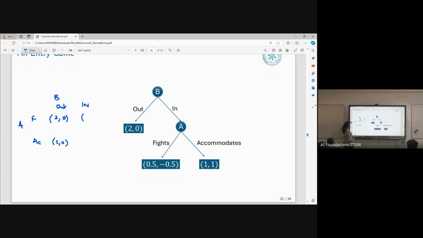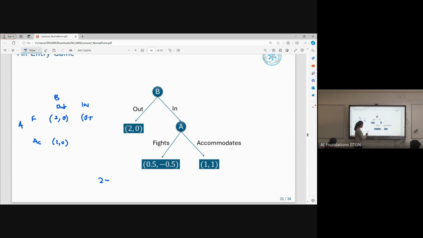So if A is fighting and B is in, A gets -0.5. Even if A goes next, the first utility is always for the first player, which is A, and the second denotes the utility for the second player, which is B. Why? The thing is, A was making a profit of 2.